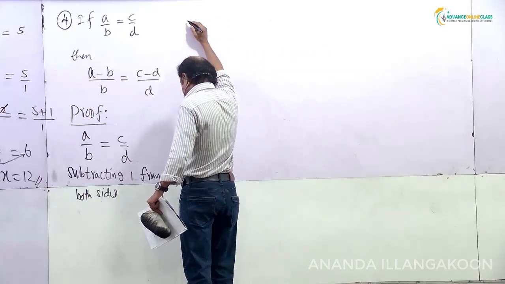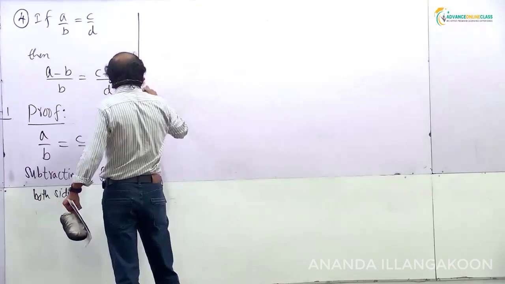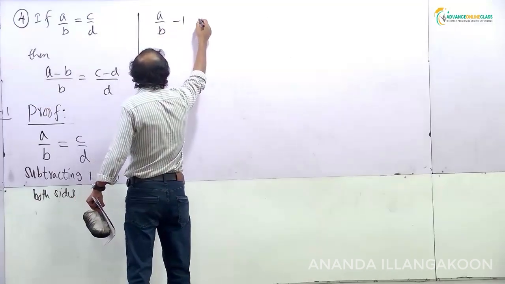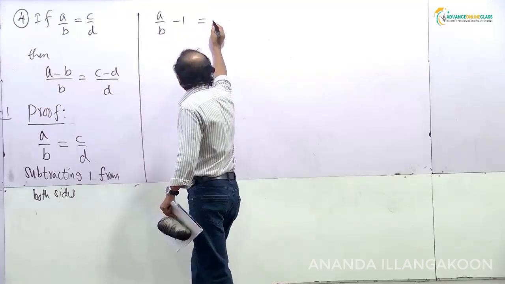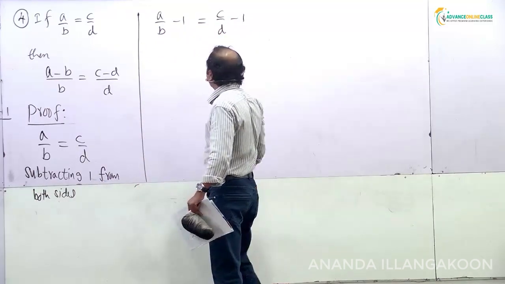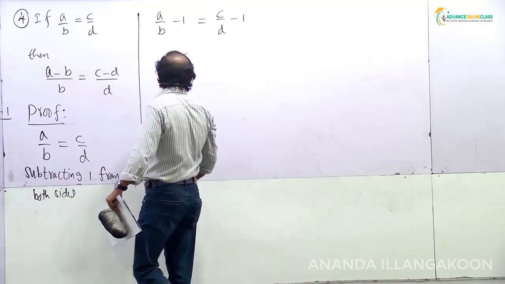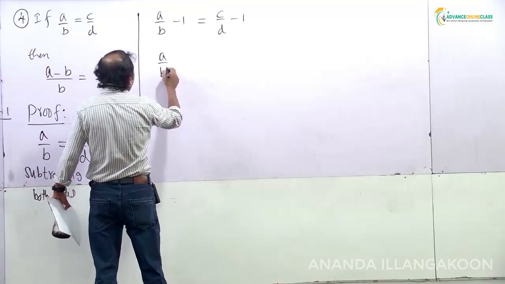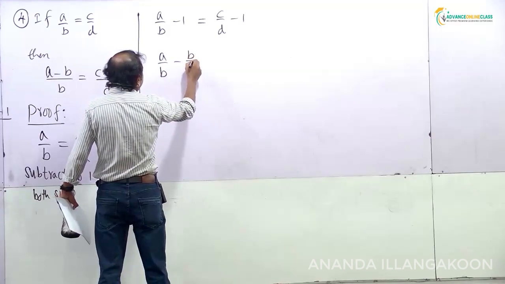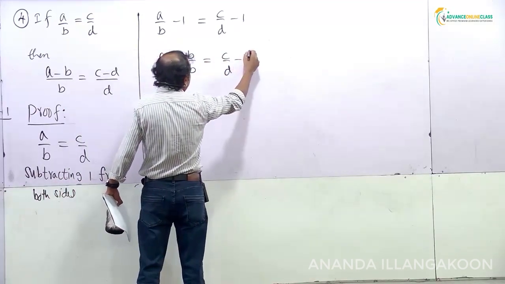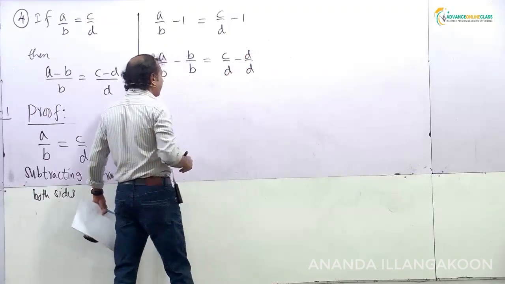How do you get there? A over B minus 1 is equal to C over D minus 1. This 1 I write as B upon B. On the right hand side, 1 I write as D upon D. Okay.